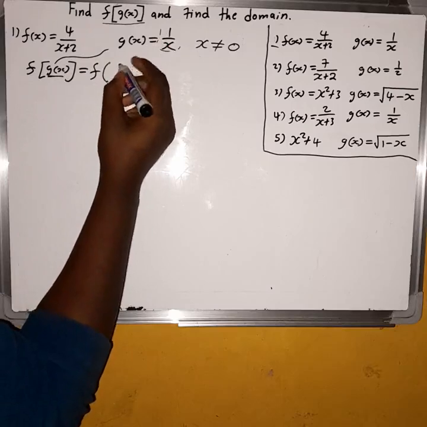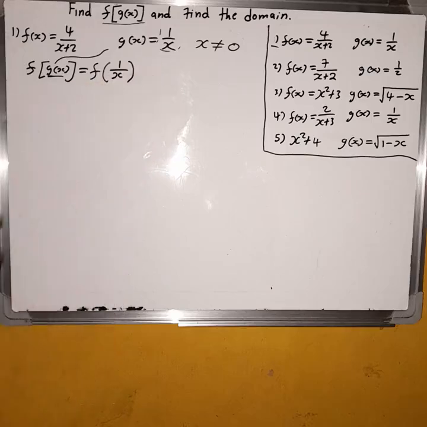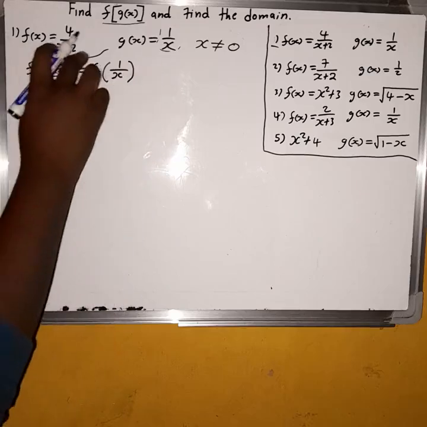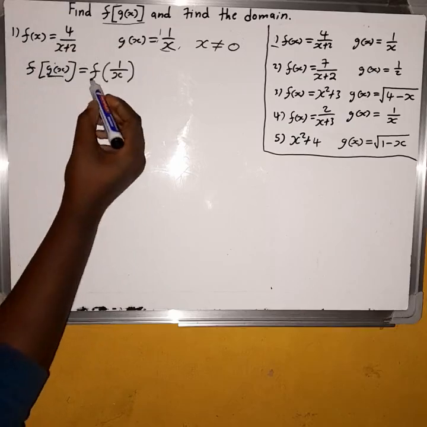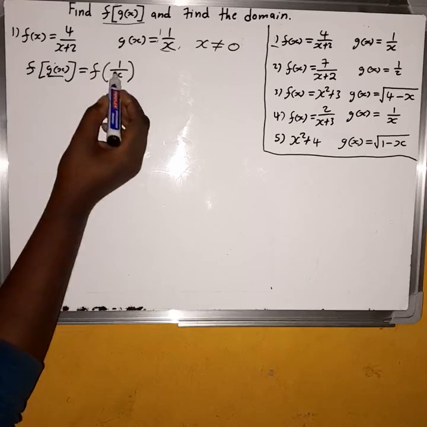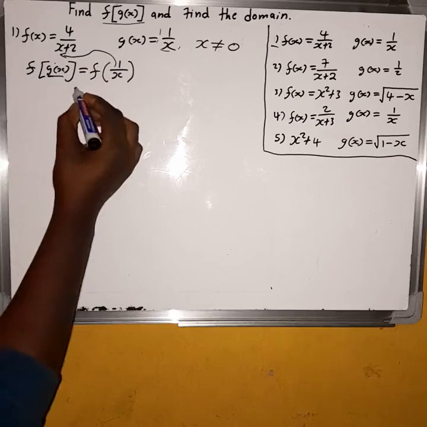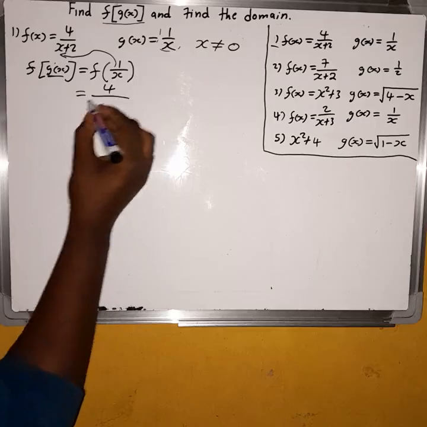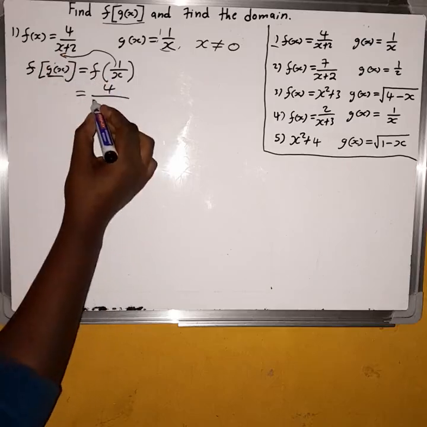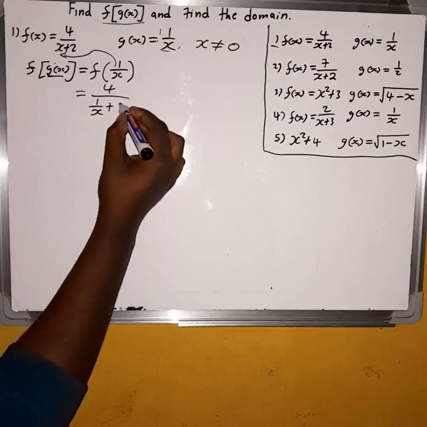Replace that here, we'll have 1 over x. Since you have f here, we take this and substitute there. That will be equal to 4 over 1 over x, plus 2.